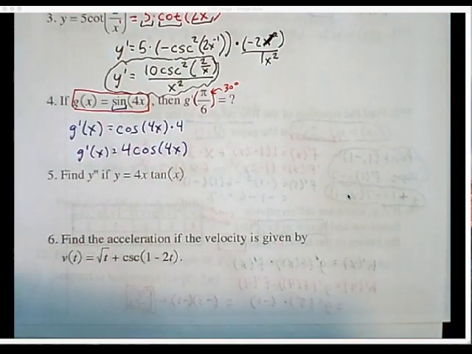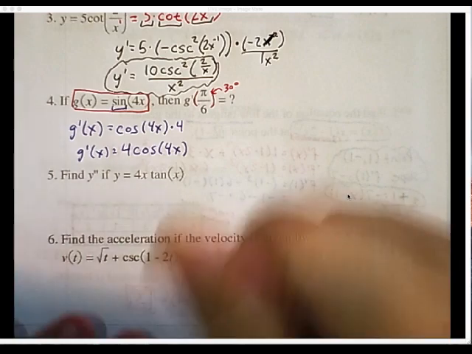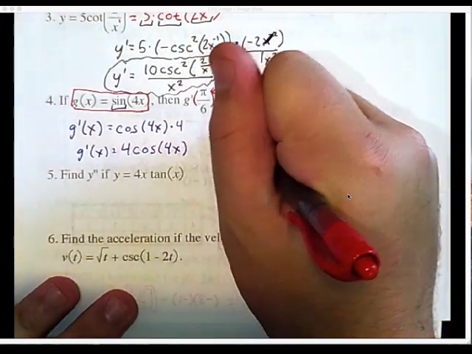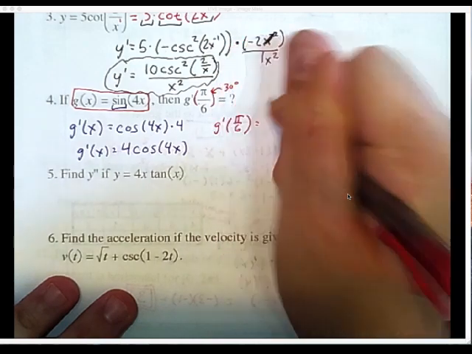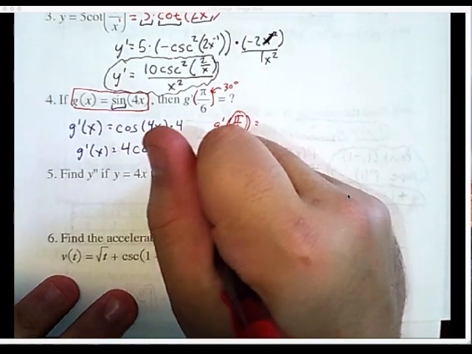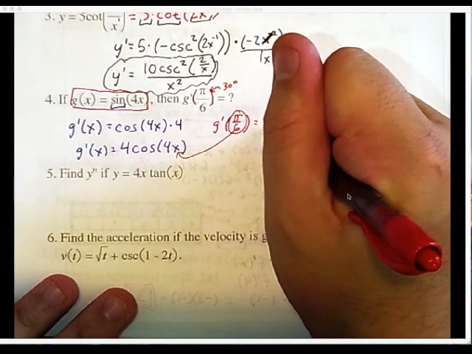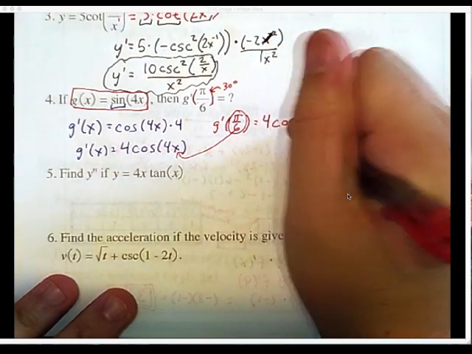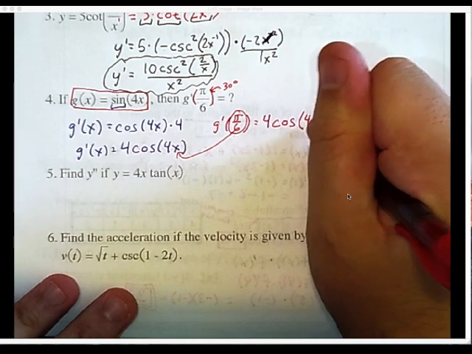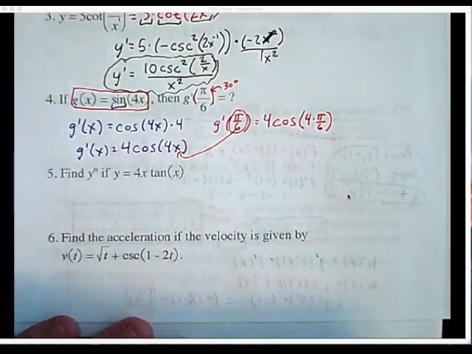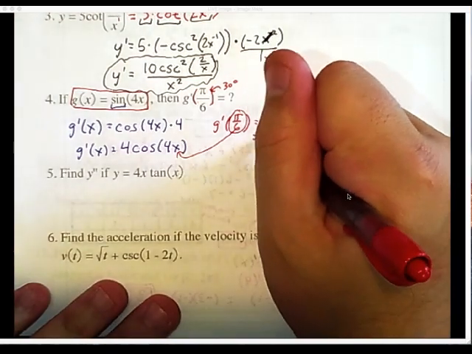Now, they want me to evaluate this. Okay. So we're going to try to find g prime of pi over 6. So we're going to plug this number in right there. So 4 times the cosine of 4 times pi over 6. Keep simplifying.